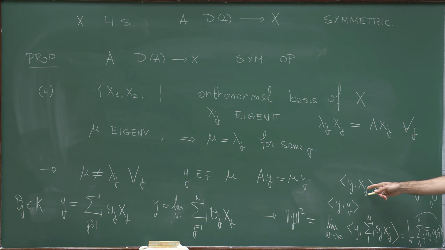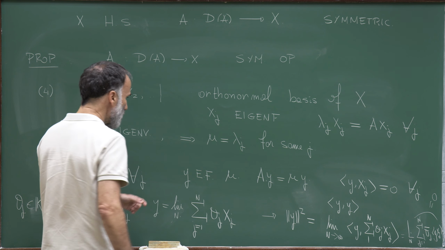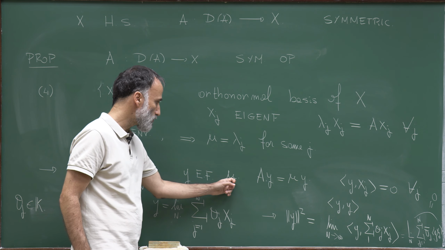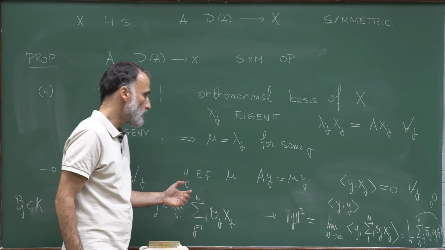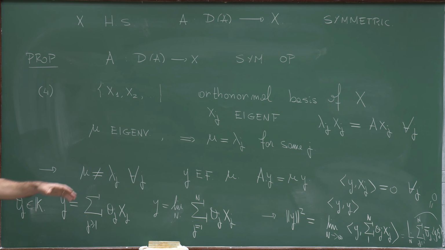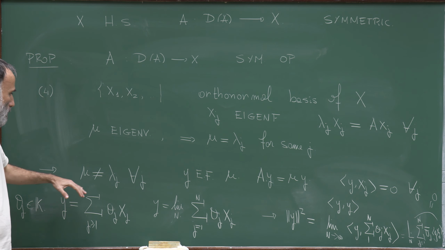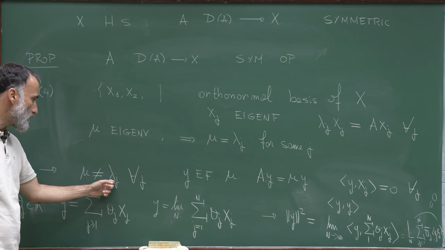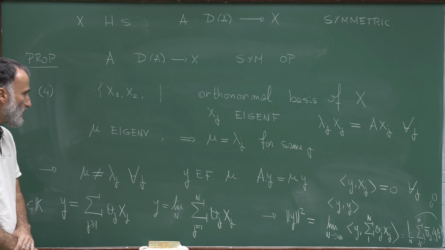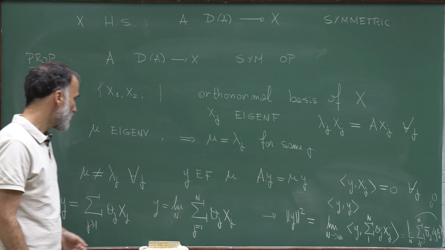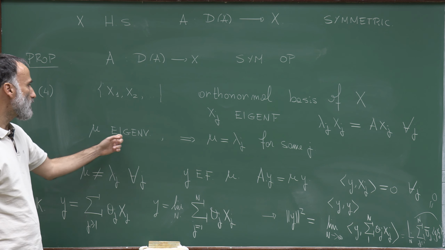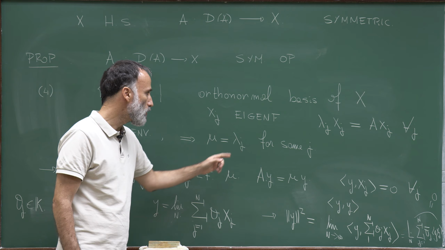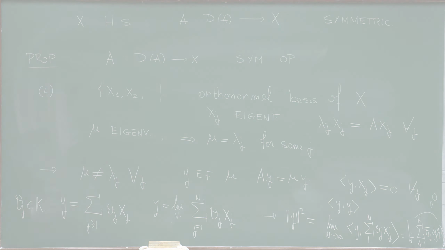And from that we conclude that y is equal to 0, which is a contradiction because I'm assuming that y is an eigenfunction associated to mu, which means that y is different from 0. So I obtained a contradiction by assuming that mu is different from all eigenvalues lambda j, which means that if mu is an eigenvalue, it must be equal to some lambda j.